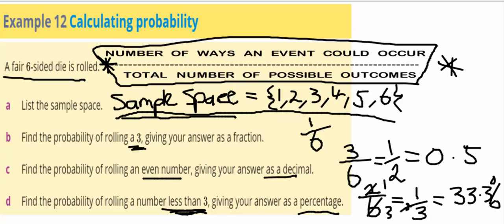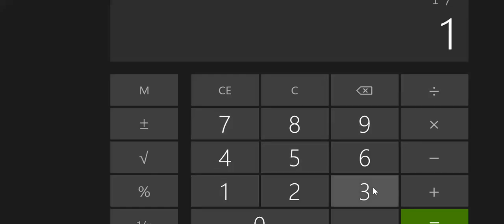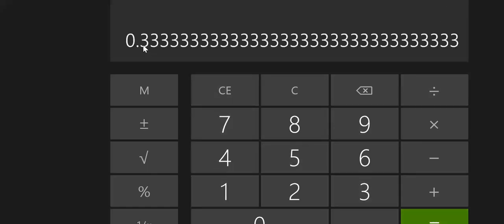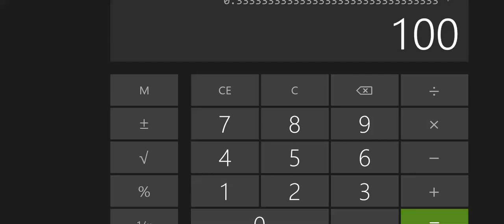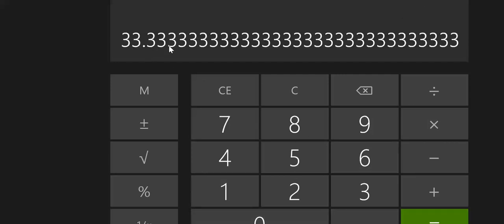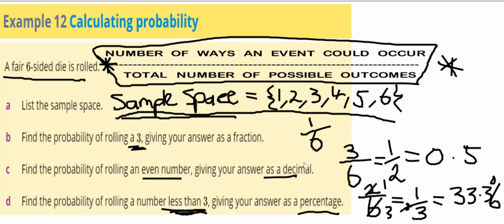So if we do 1 divided by 3, that gives us a decimal. We multiply that by 100 if we want a percentage, and we get 33.3 recurring. Let's just go to one decimal place: 33.3. That's our answer for that one, and that's it.